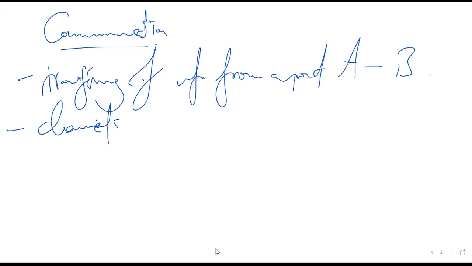Let's go into modulation. Assume the knowledge. You're supposed to know this from your course. What is modulation? You have two types, analog and digital. You are familiar with amplitude modulation and frequency modulation.